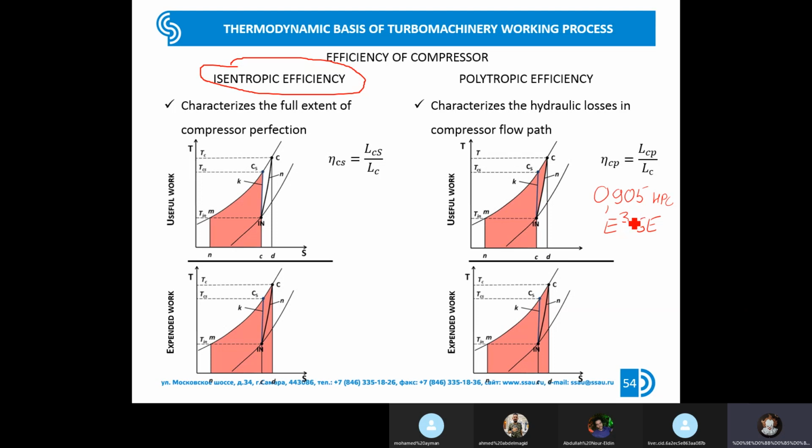Now this compressor is used in the GE90 engine, the most powerful serial engine at this moment. The high pressure compressor of these engines is really an example of the best compressors designed in the world till this moment.